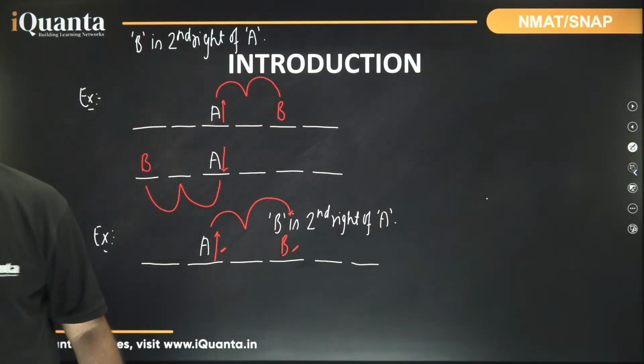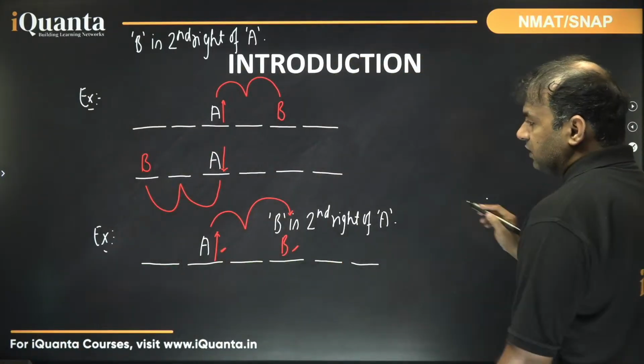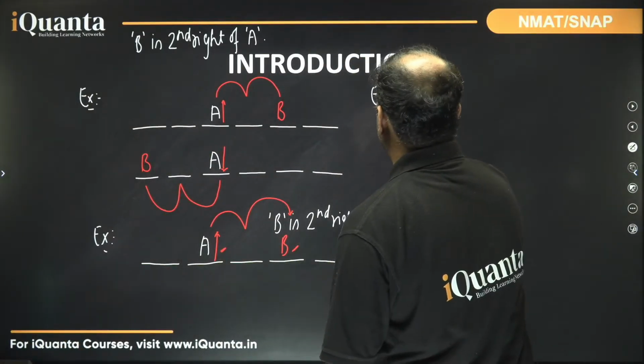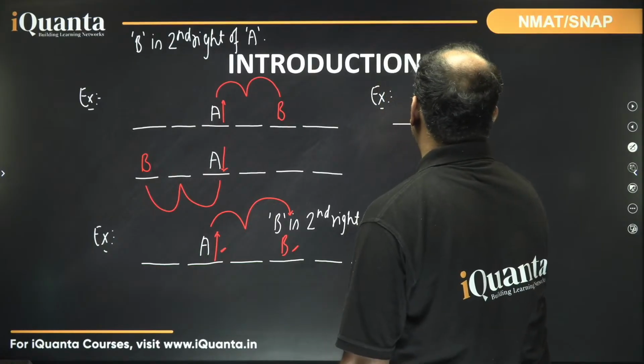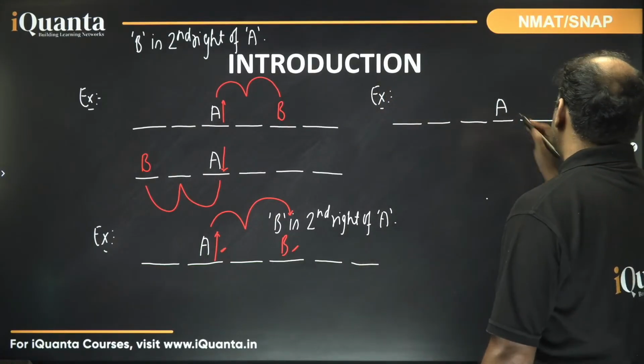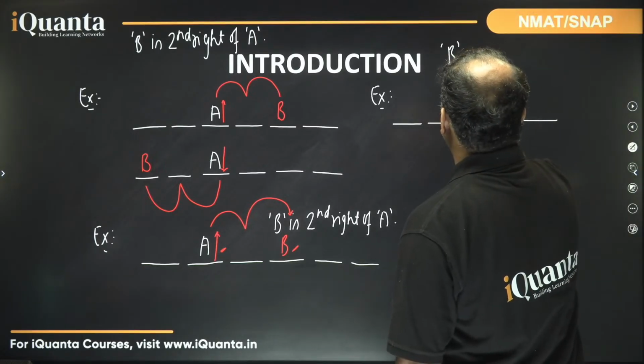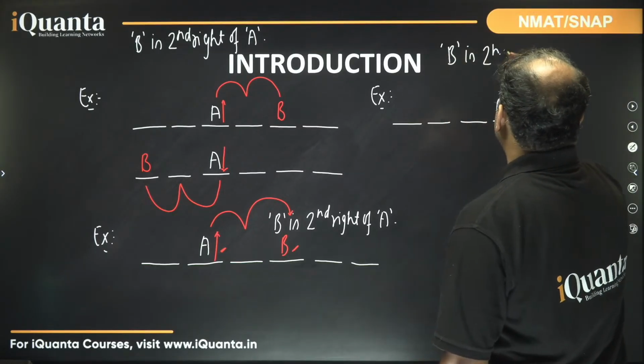Alright guys, let me take a few more examples to explain better. Let's say, in the next case, A is here, and we have similar information that B is second right of A, the same information.